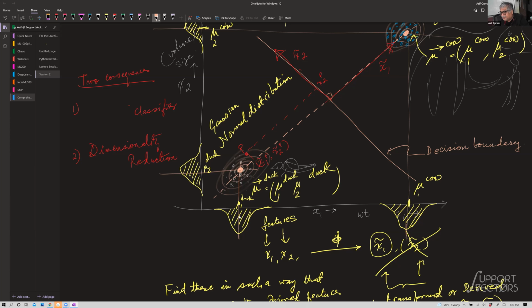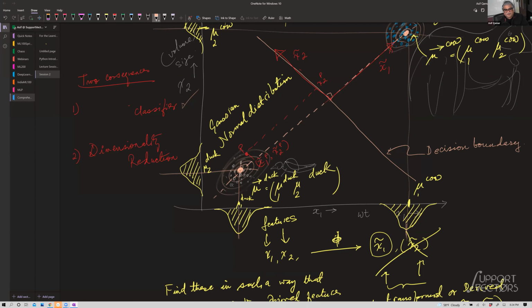Mu is what? The mean, the center of that bell hill. Now, so you get a classifier. And also you realize that whatever the line joining the centers is, that becomes your principal axis. That becomes the most important axis.